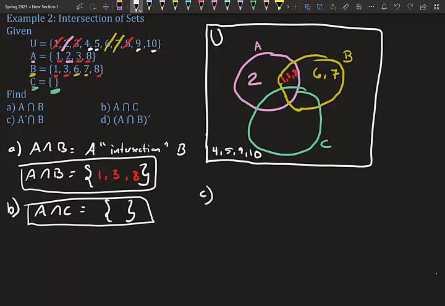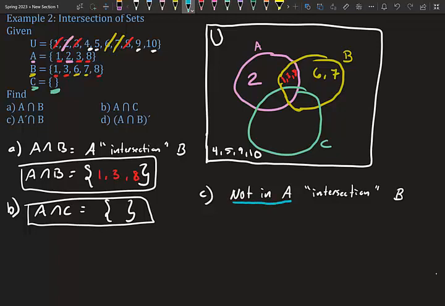All right, C. It wants complement of A intersection B. So what it's actually asking is not in A intersection B. So first, we need to figure out, well, what is not in A?